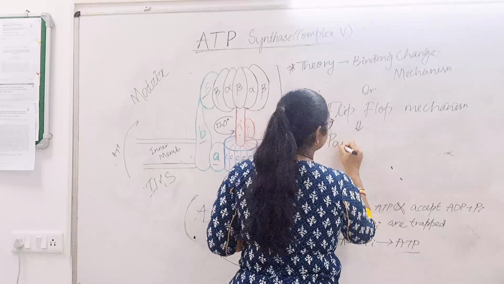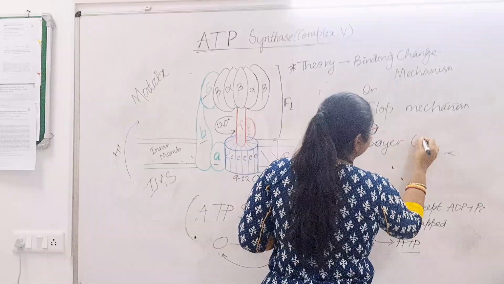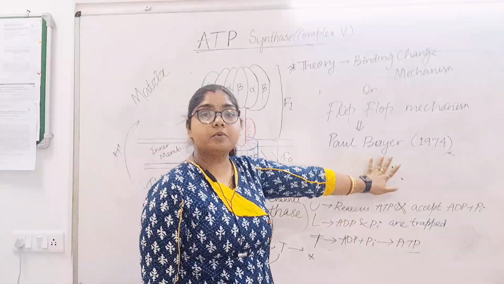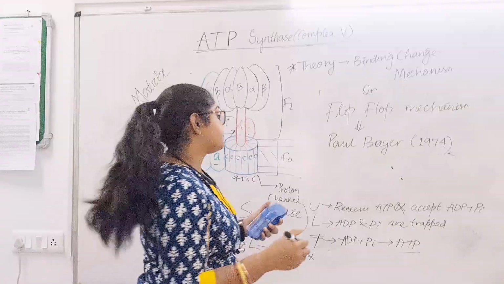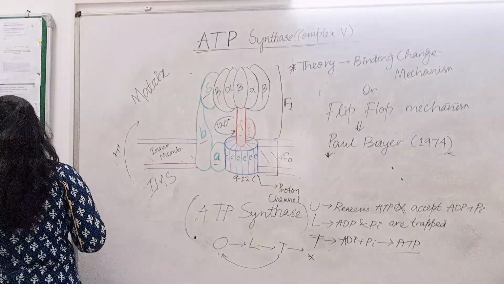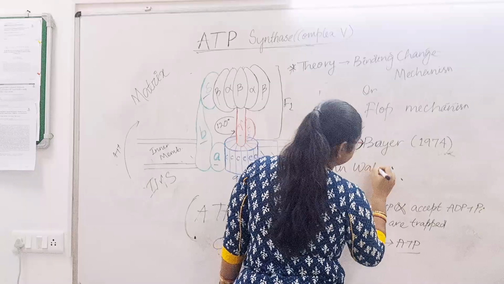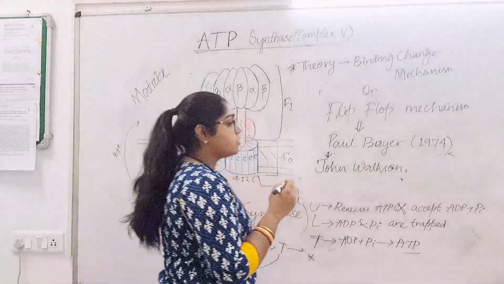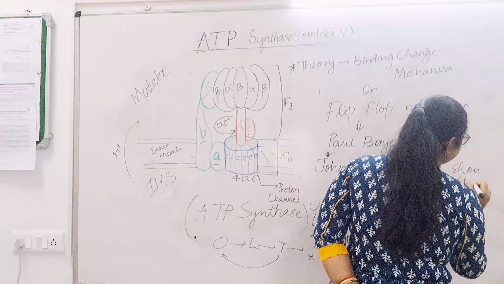Paul Boyer in 1974. This theory was first developed by Paul Boyer in 1974, which was then supported by John Walker and James Coe in 1994.